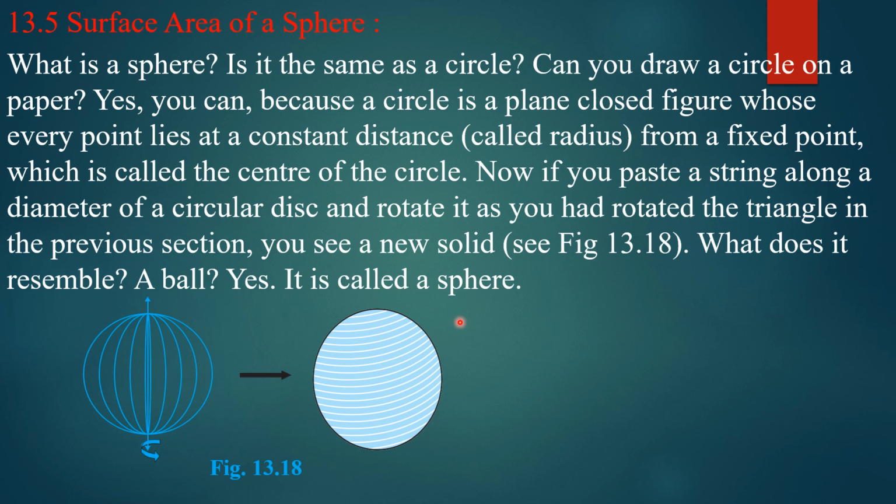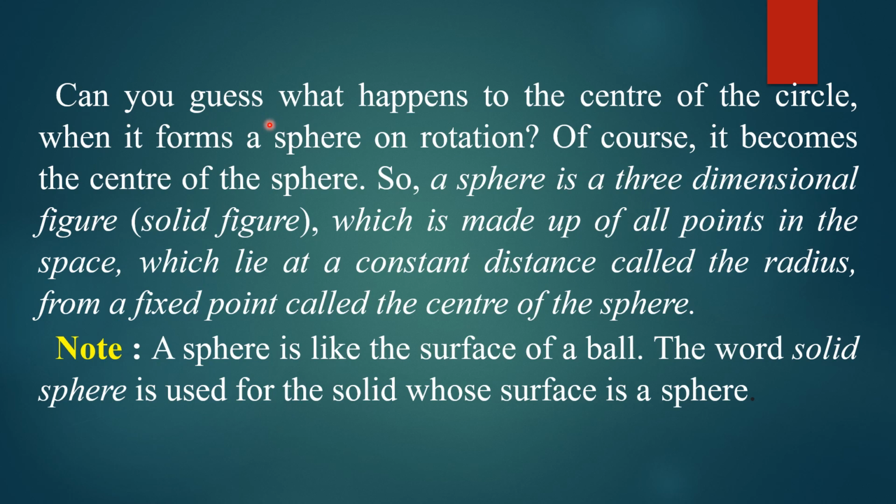Okay, my children, understood this point, what is meant by a sphere? Right. Can you guess what happens to the center of the circle when it forms a sphere on rotation? Of course, it becomes the center of the sphere. The center of the circle becomes the center of the sphere.